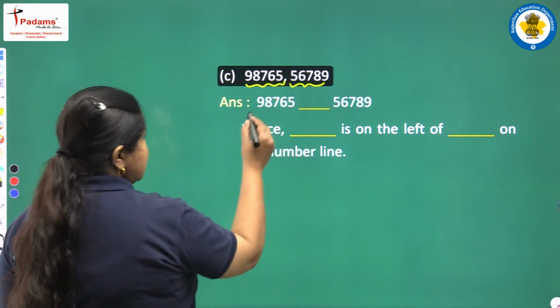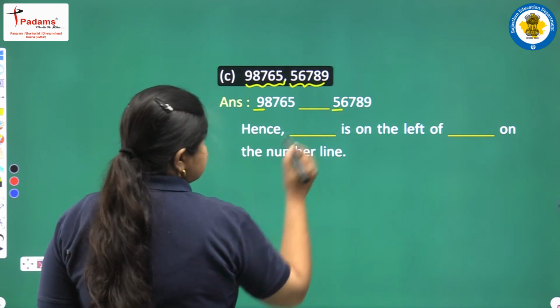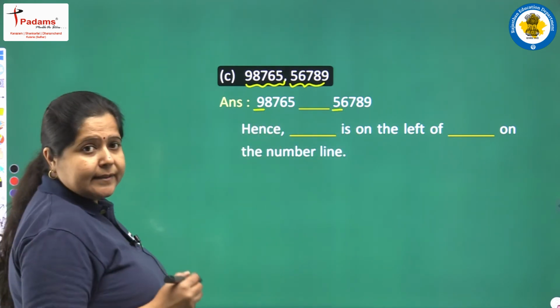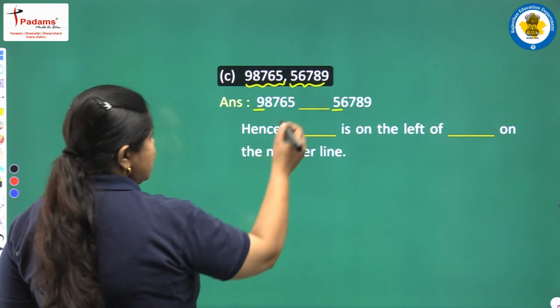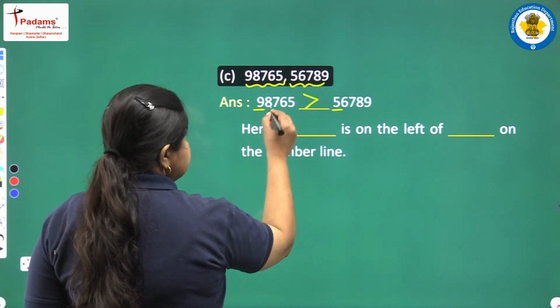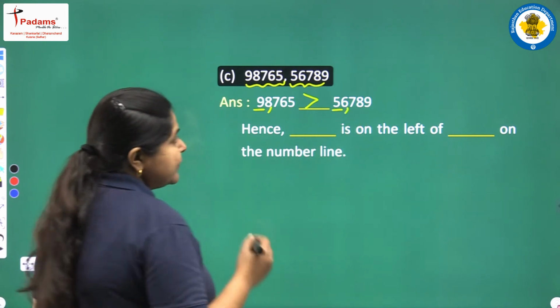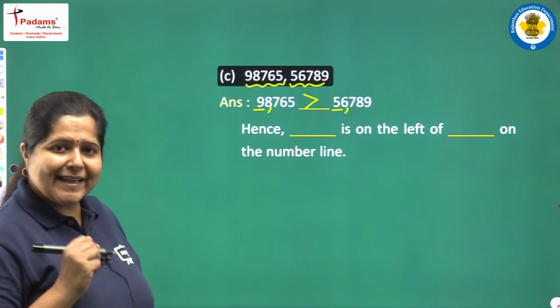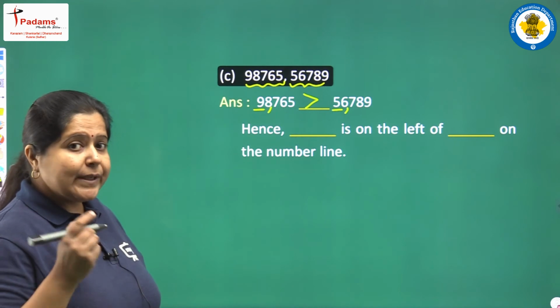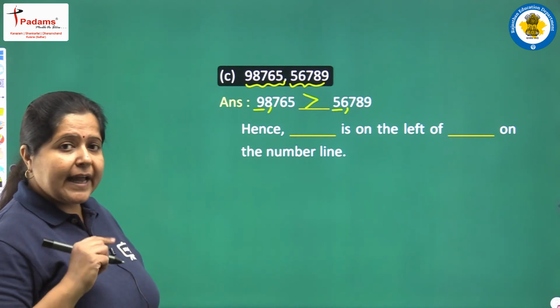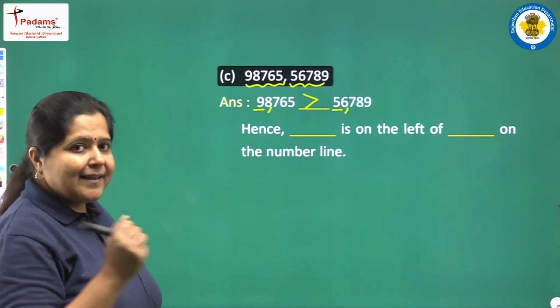So, let us move on to the first digit here. Clearly this is greater, 9 is greater than 5, and so we can say that 98,765 is greater than 56,789. Now, which number will be to its left and which one will be to its right?